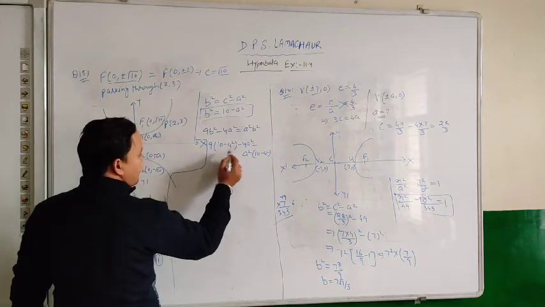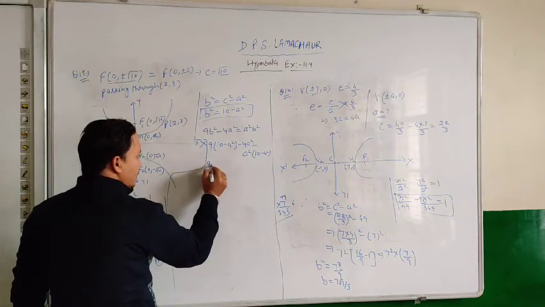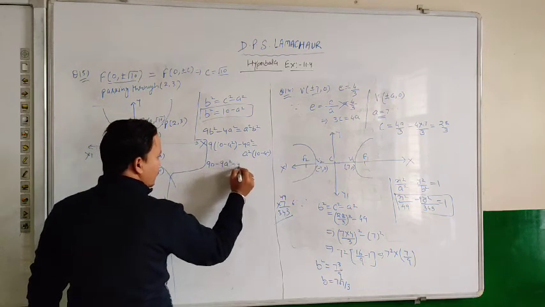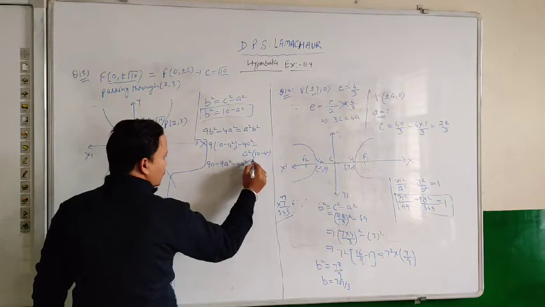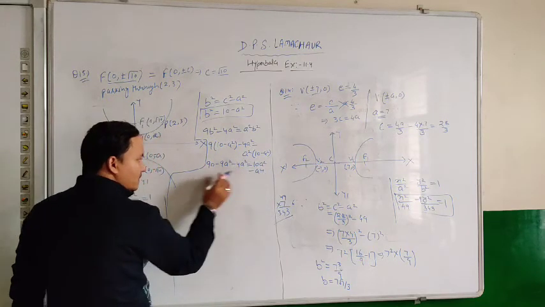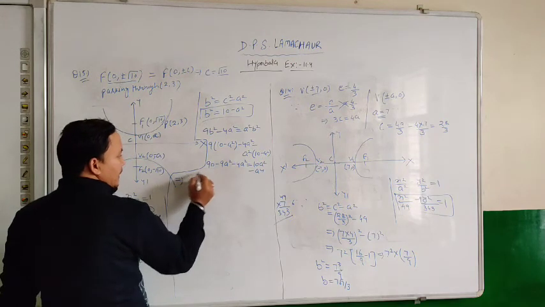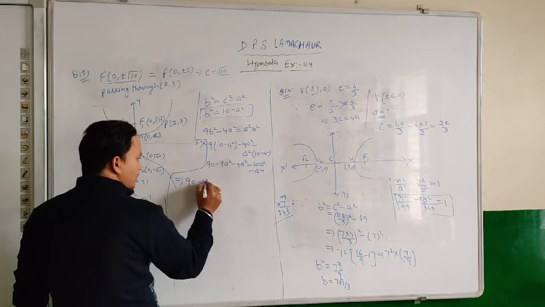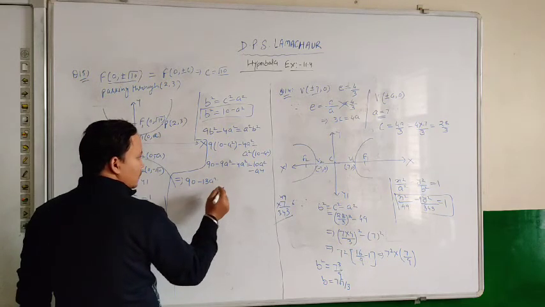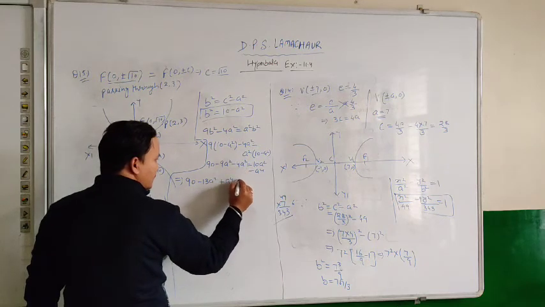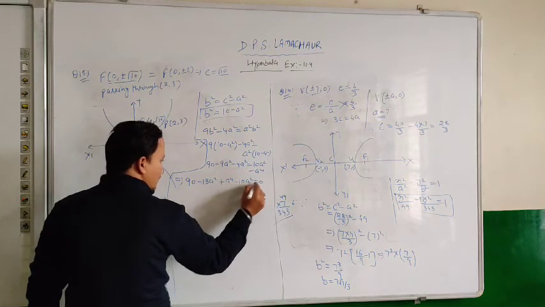So this will be 9 times 10 is 90 minus 9a square, and here minus 4a square equal to 10a square minus a to the power 4. On shifting both the terms to the left hand side, we get 90 minus 9a square minus 4a square will be minus 13a square, and this will be plus a to the power 4, and this will be minus 10a square equal to 0.